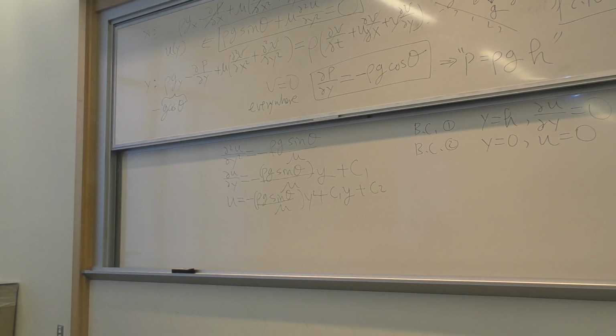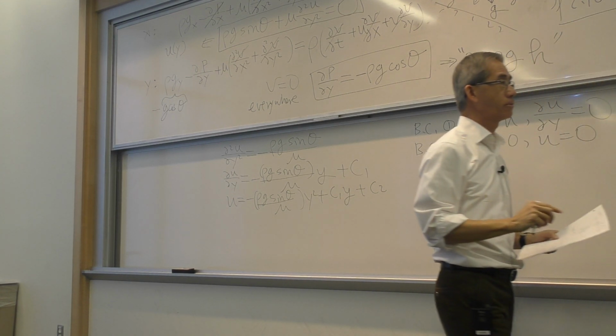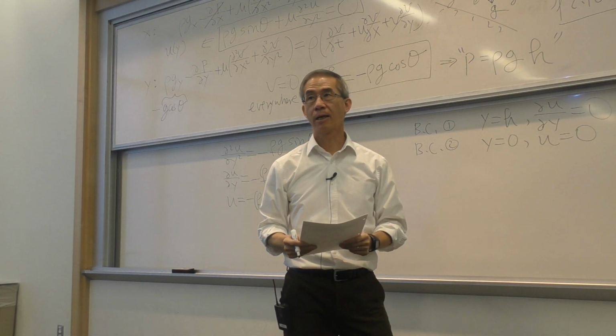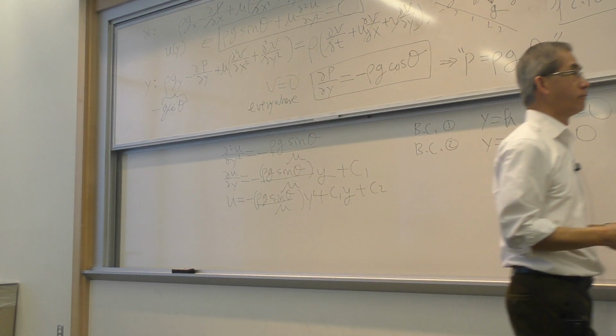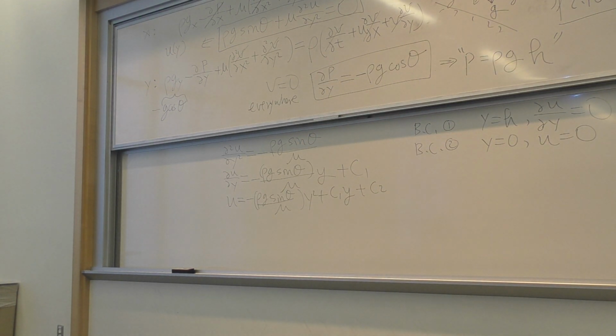So when I'm done and settled, what I have is the velocity parallel to the plate as a function of y, the height from the plate, given by this equation.